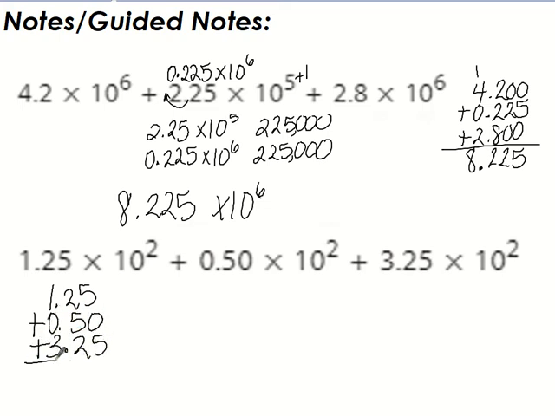Let me put my 0 here. And then we're going to add. And so I get 5 times 10 to the second, and I'm done. That was nice because we didn't have to change any of my exponents.